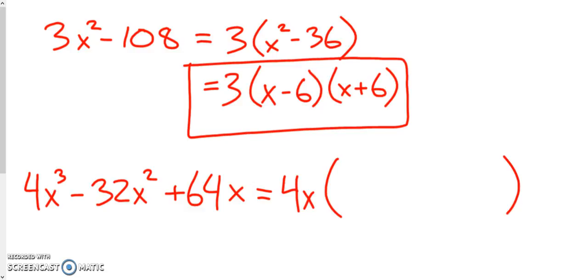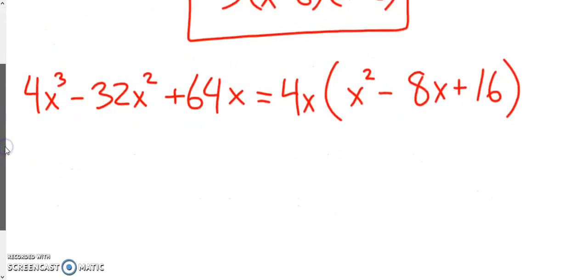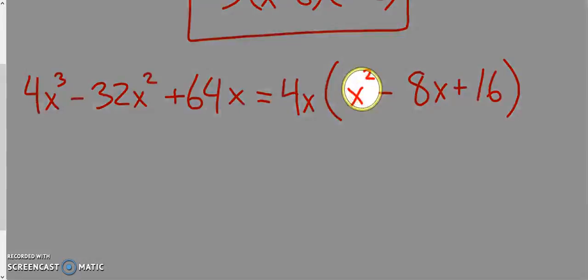When I do that, remember factoring out a common factor is like distributing in reverse. So if I take out 4x from 4x cubed, 4 goes into 4 once, and if I take an x, I've got an x squared. Then minus 8x and plus 16. And again, you can use a box here, but when there's just a single x squared in this spot right here, really you don't need to.